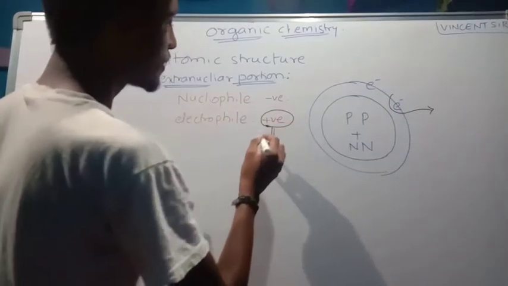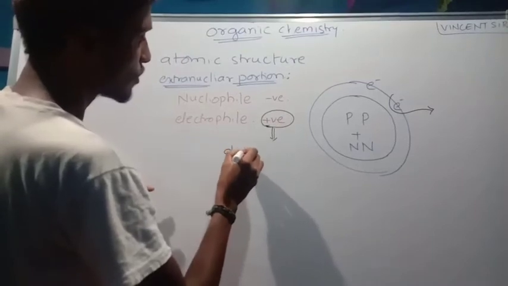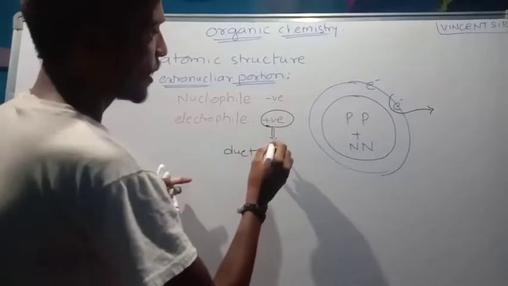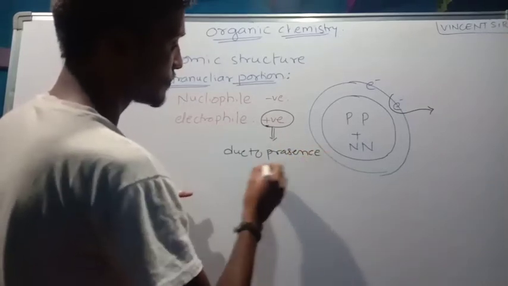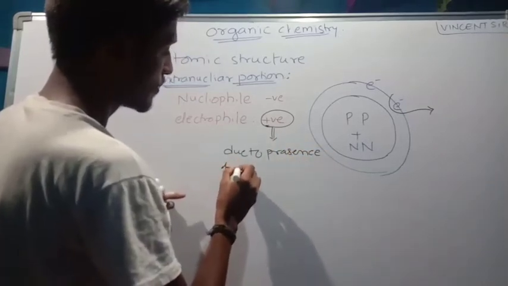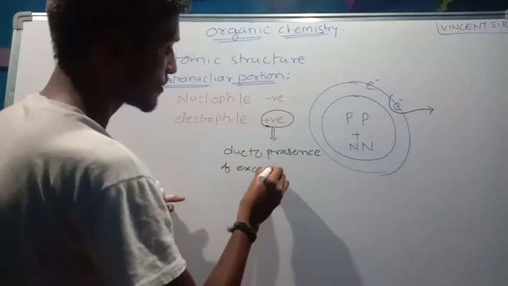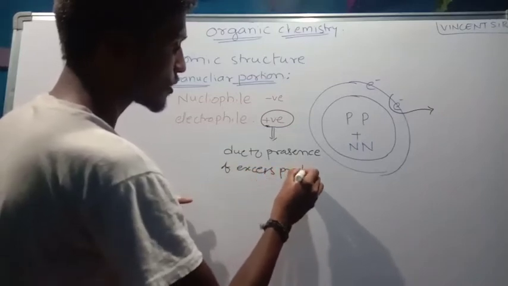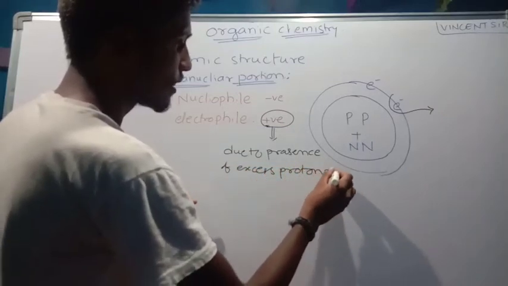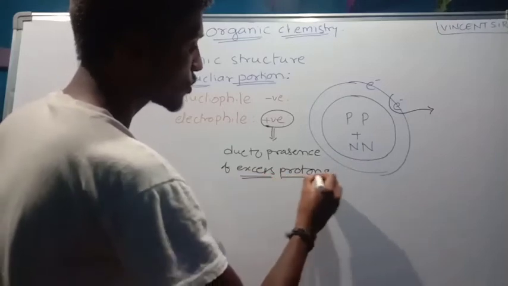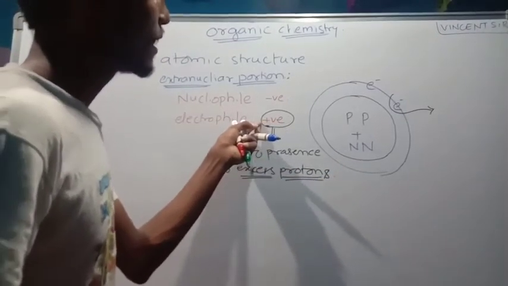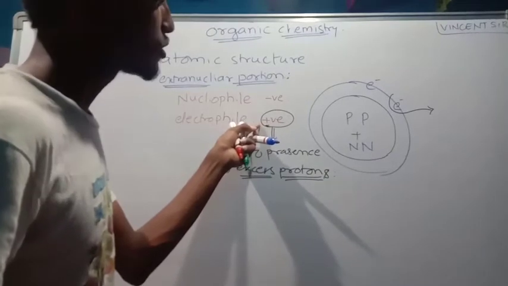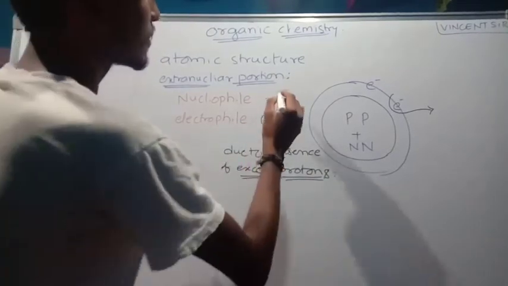The positivity is due to the presence of excess protons. The excess protons can be represented as a positive sign because the charge of the proton is positive.